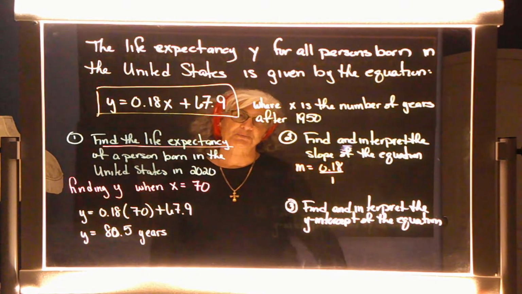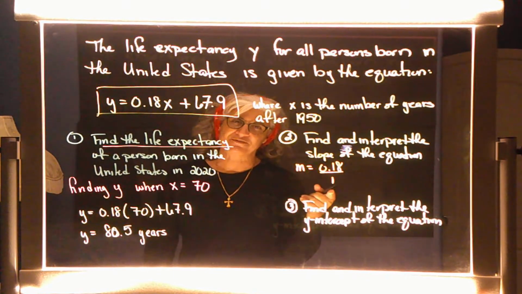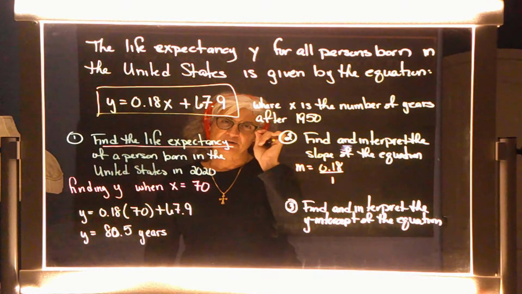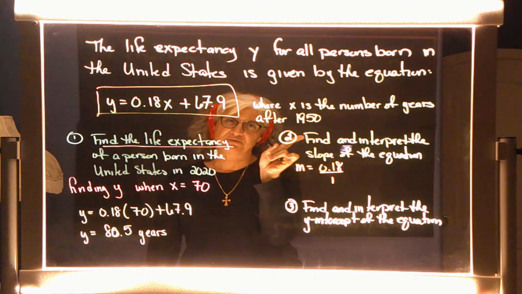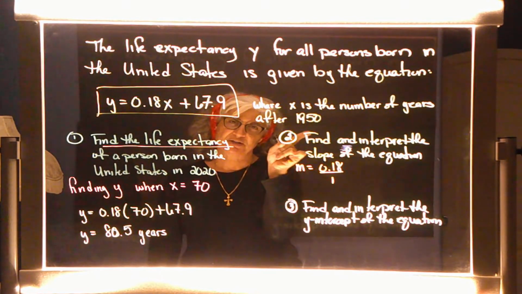But they want me to interpret that. So here's what I want you to think about. If you were graphing, you'd go up 0.18 and right 1, wouldn't you? So here's the deal.